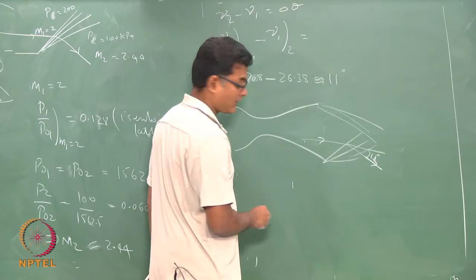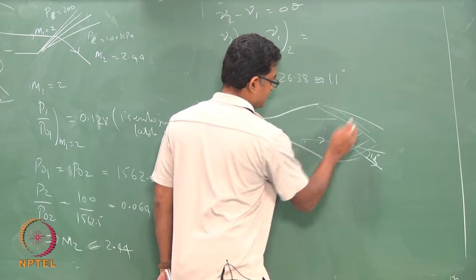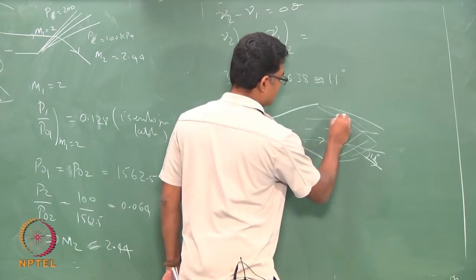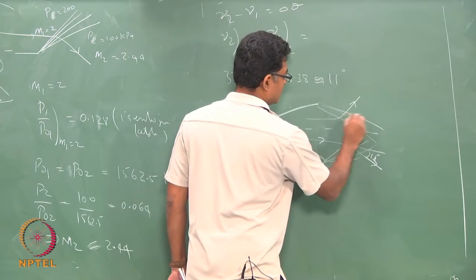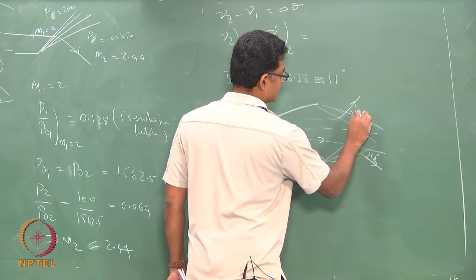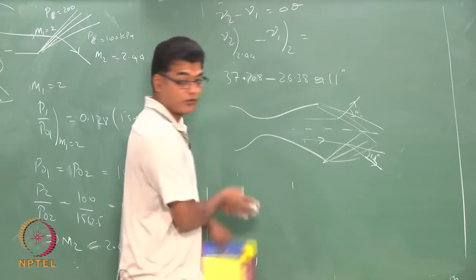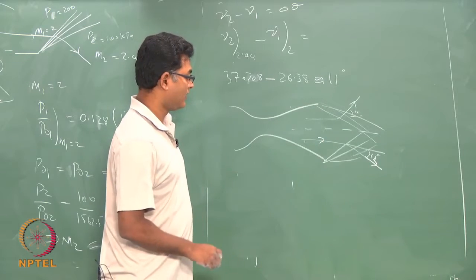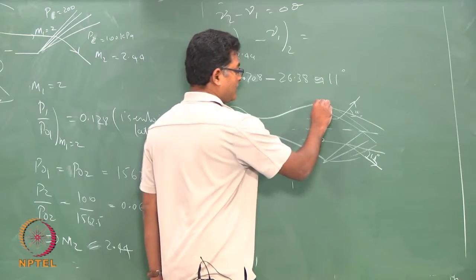Here also, assuming symmetry at the center line, the flow would turn 11 degrees. Okay. So it is going outward.